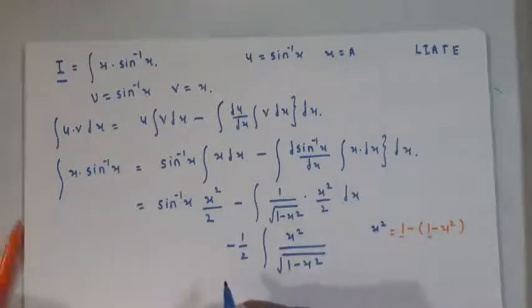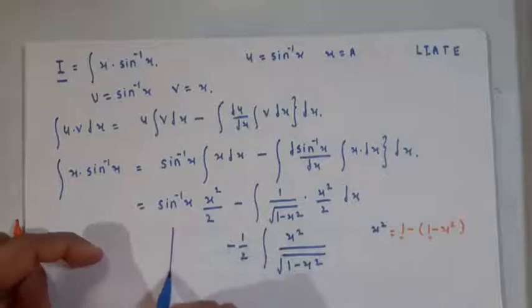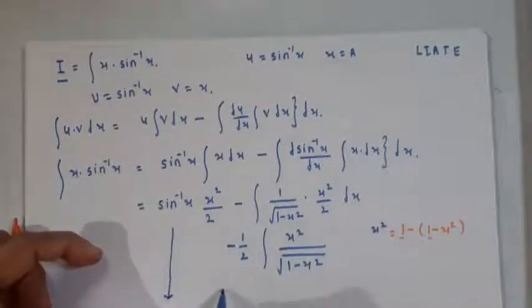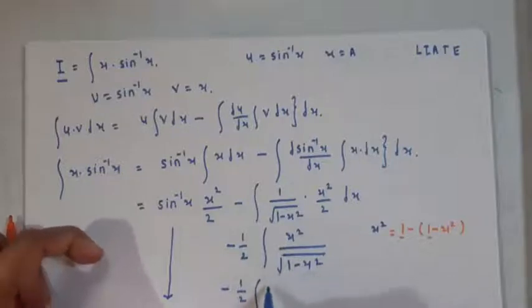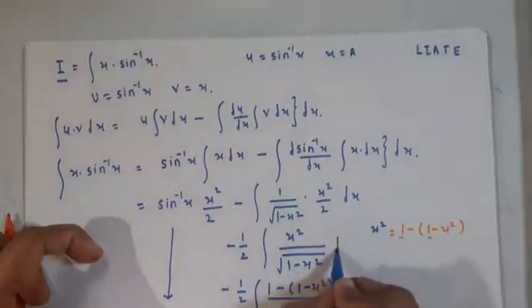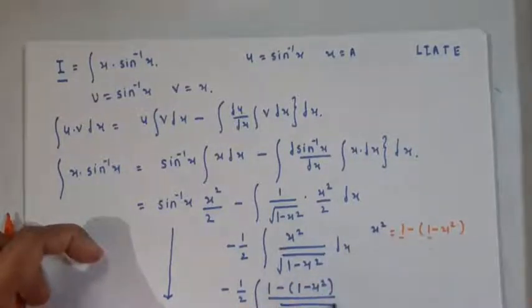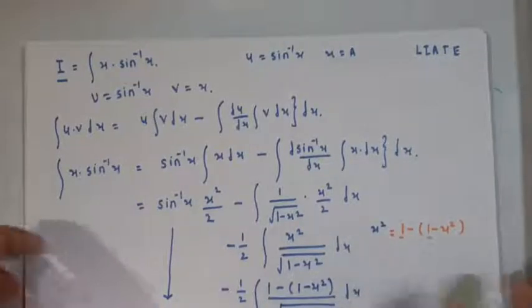Now this is equal to the first term as it is, students, minus 1 by 2 integration of (1 minus (1 minus x square)) upon square root of 1 minus x square, with respect to x.